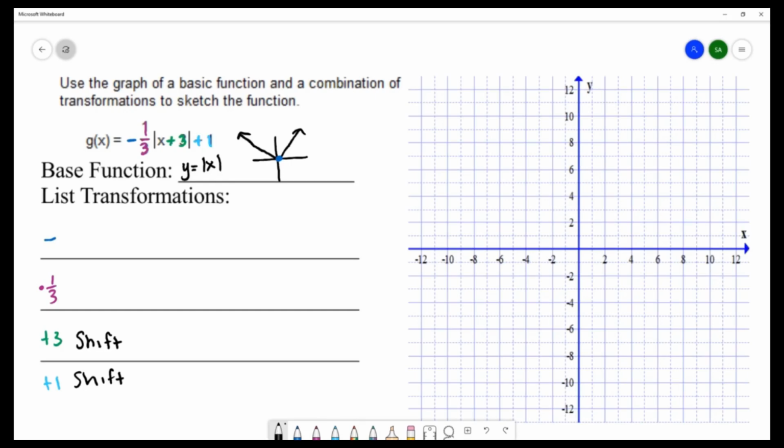The next category is to multiply by a negative, and when you multiply by a negative, you get a reflection. And then when you multiply by a number that's not equal to 1, we get either a stretch or compression.